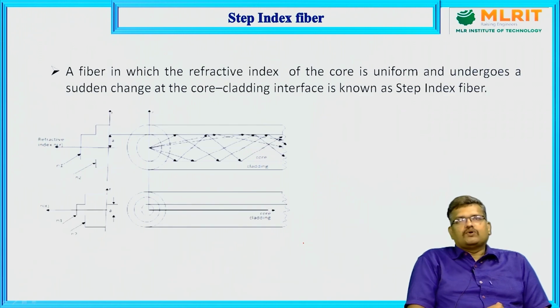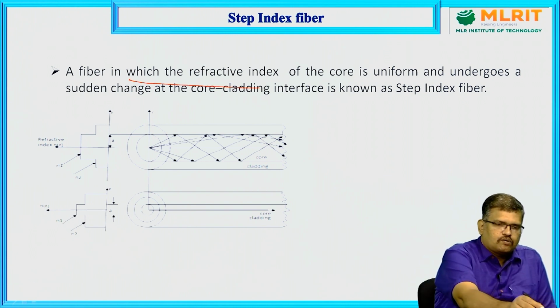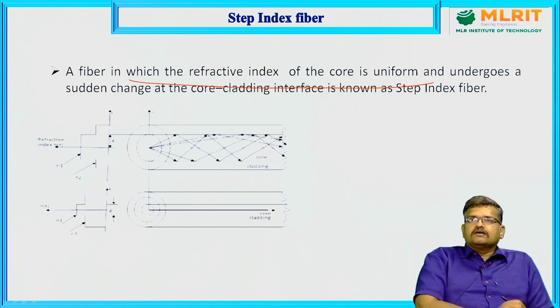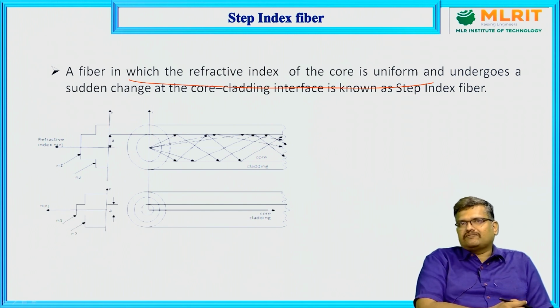Now, just see the diagram. The refractive index is uniform throughout the length. Then you can call it the step index fiber: the fiber in which the refractive index of the core is uniform, and at some places it undergoes a sudden change at the core-cladding interface.